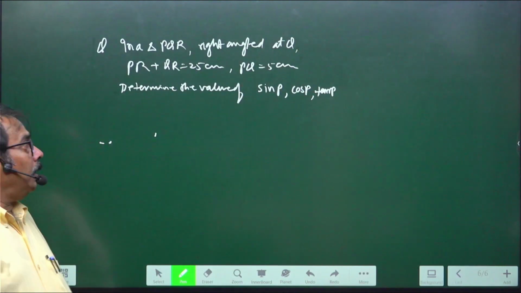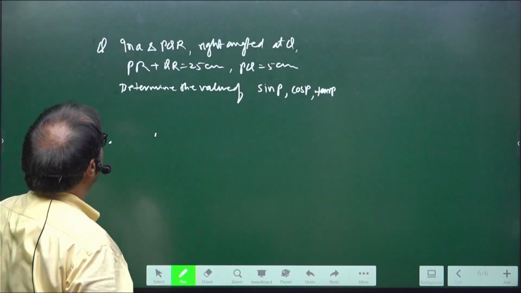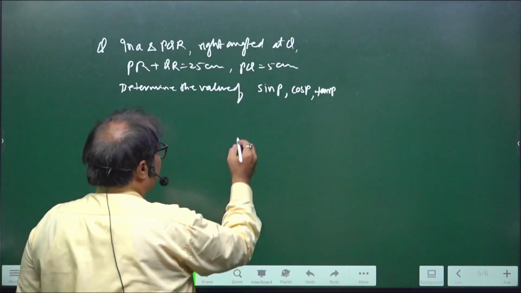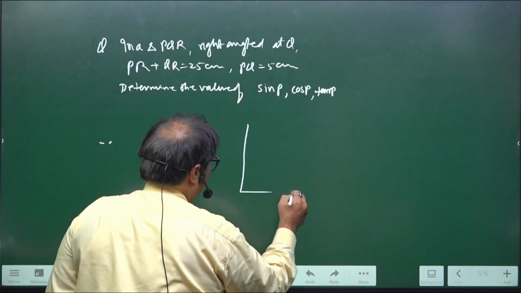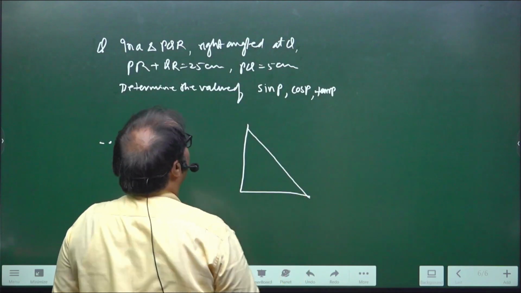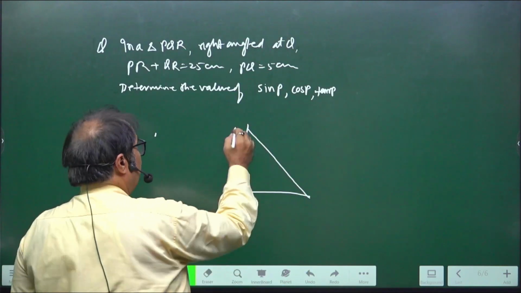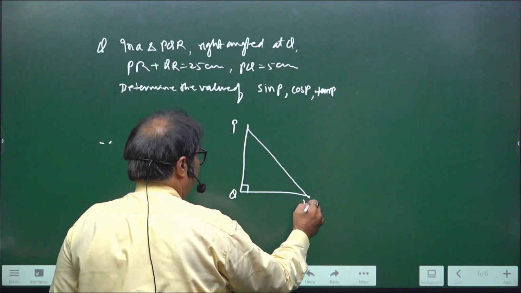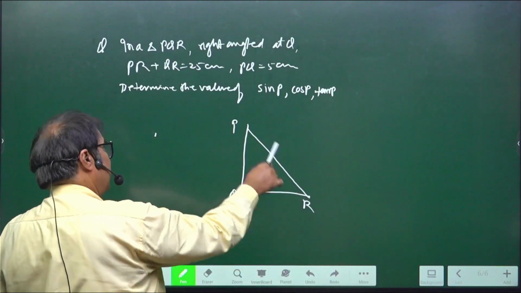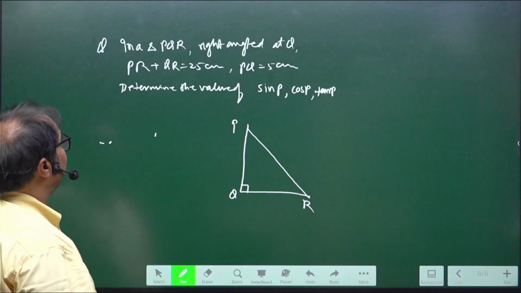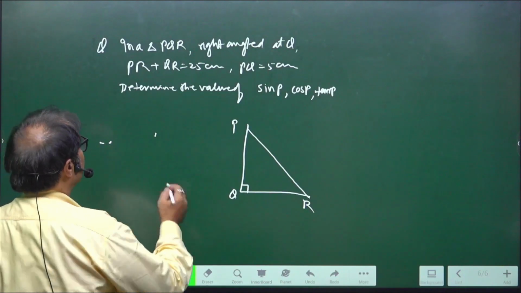So first of all draw a figure in a triangle PQR, right angle at Q. So first draw a triangle, right angle is at Q, so this vertex should be Q, and P and R you can write anywhere, it doesn't matter. Now what is given?